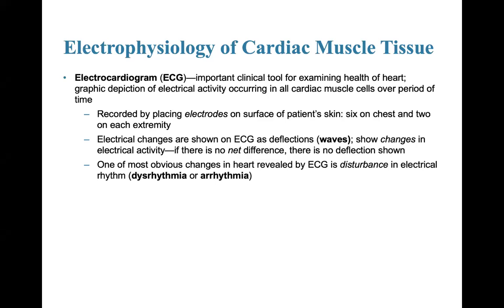Electrical changes are shown on the EKG as deflections or waves. This will show changes in the electrical activity. If there is no net difference, there is no deflection shown. One of the most obvious changes in the heart revealed by an EKG is the disturbance in electrical rhythm.